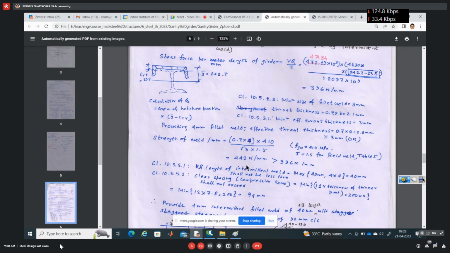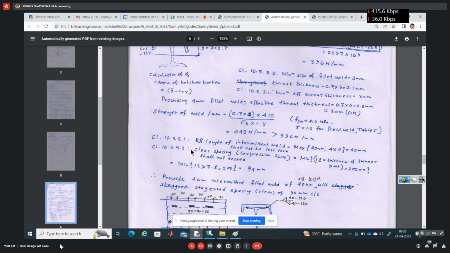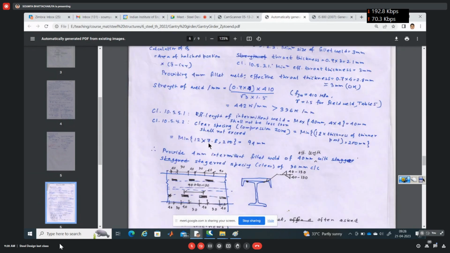Now, if I adopt intermittent weld, you see the effective length of intermittent weld is minimum 40 mm or 4 times the size of the weld, that is 40 mm, and the clear spacing should not exceed 12 times the thickness of the thinner part or 200 mm. The thickness of the thinner part here is the thickness of the web of the channel, and 12 times that we get 94.